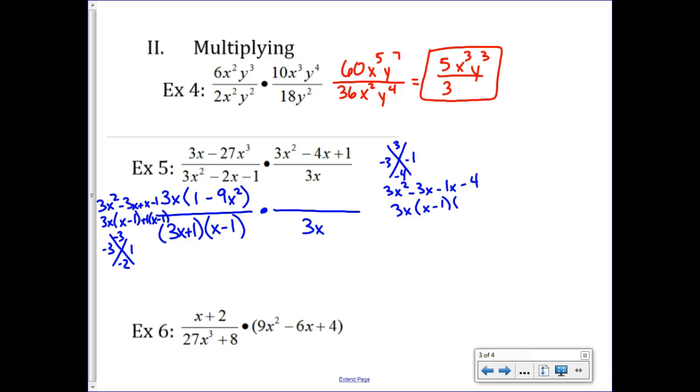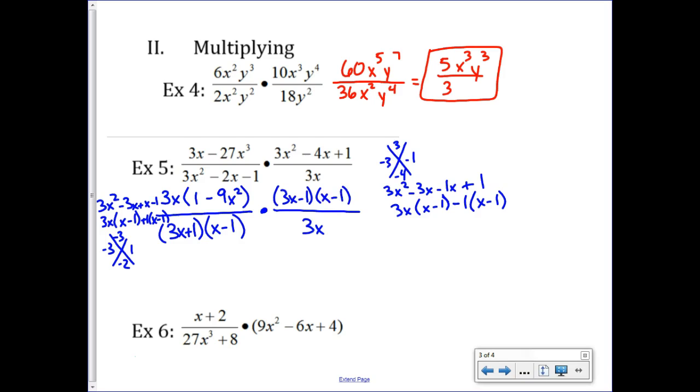And then I have a minus 1 that I take out. Sorry, this was plus 1, not minus 4. I don't know where that came from. Minus 1x plus 1. Okay, so now if I take out a minus 1, that makes a lot more sense because then I'm left with x minus 1 inside. So I have 3x minus 1 and then x minus 1.